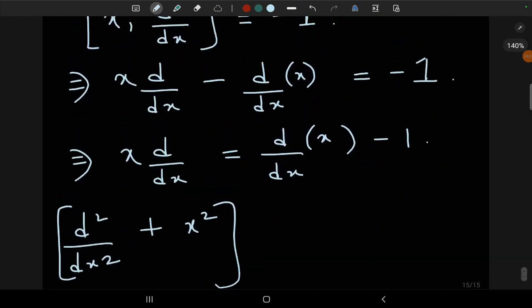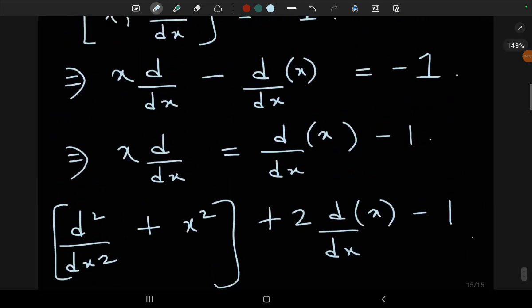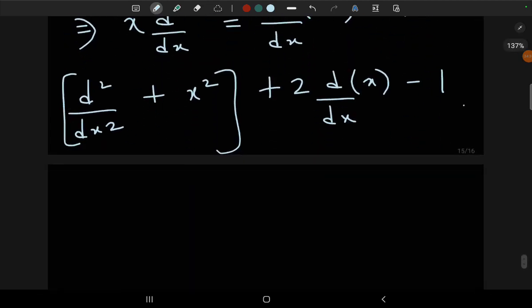So we have 2 d/dx x minus 1. So see how it turned out, that we have the operators.